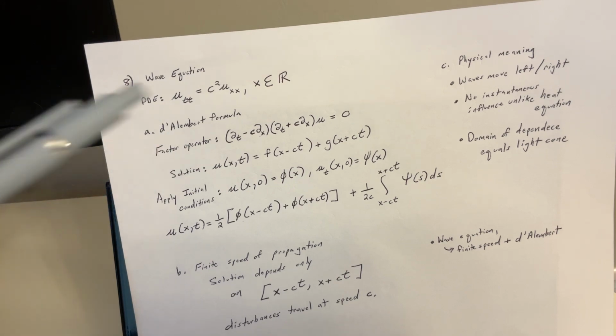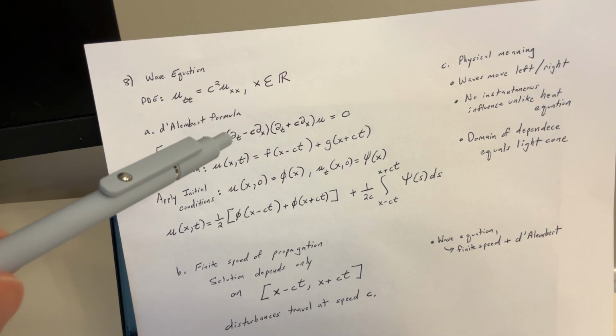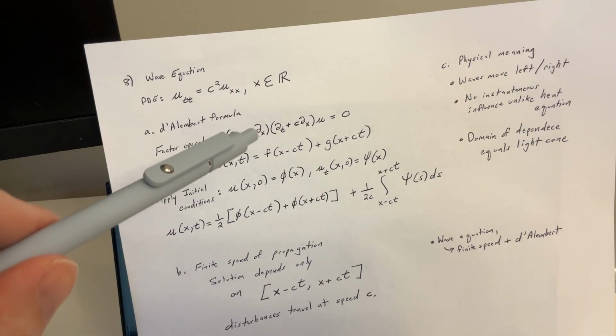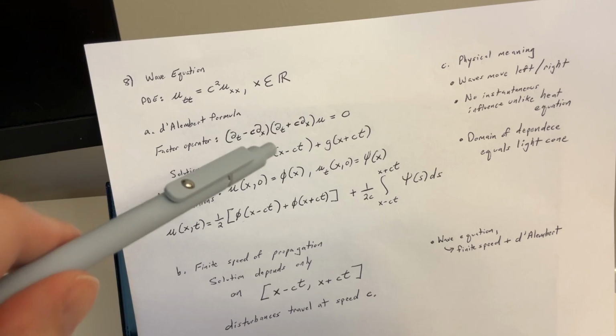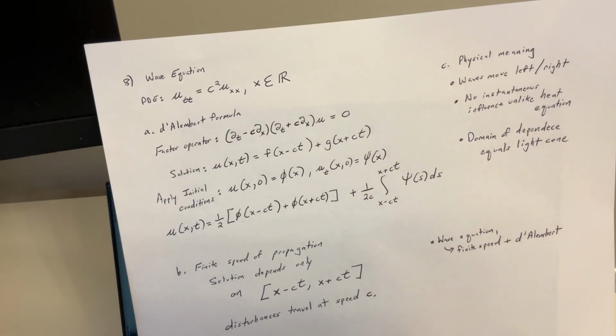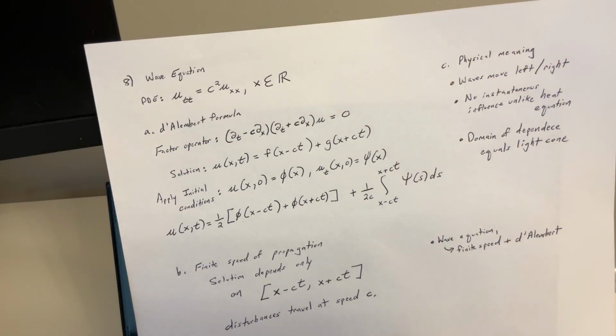So we have a factor operator that we're going to need. And the factor operator is (partial t minus c partial x) times (partial t plus c partial x) u equals 0. Okay, so that's our factor operator, and that's going to help us significantly to make this problem a lot quicker.